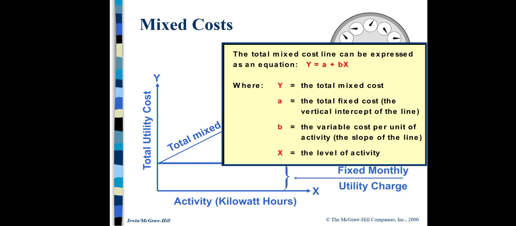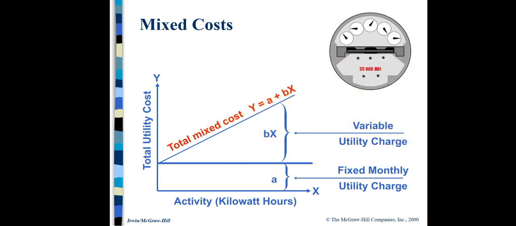And the B is the variable cost per unit of activity, the slope of the line. And X is the level of activities. Jadi total mixed cost ini, biaya mix ini bisa dihitung dengan menggunakan rumus Y sama dengan A plus BX. Nah ini ya.